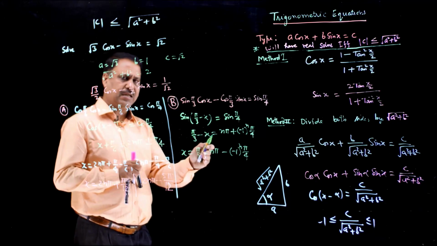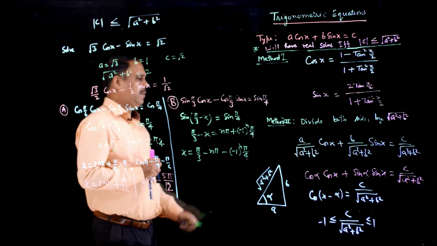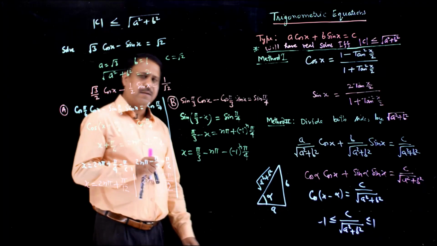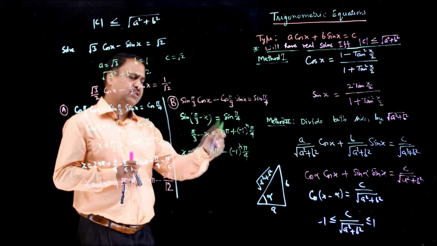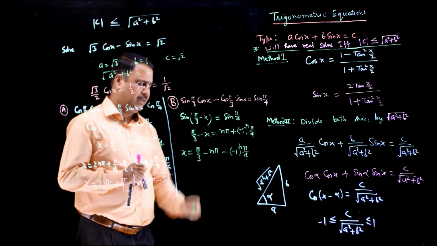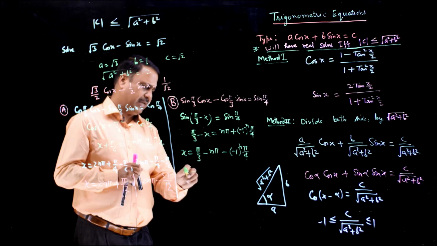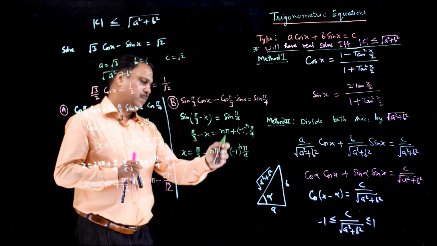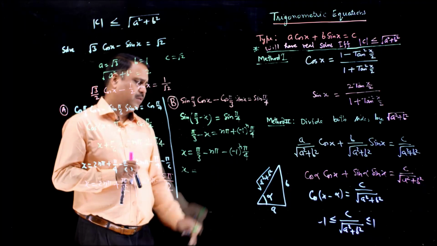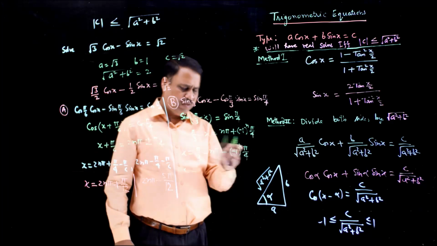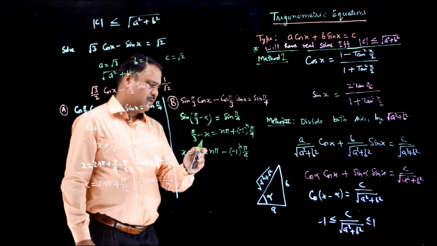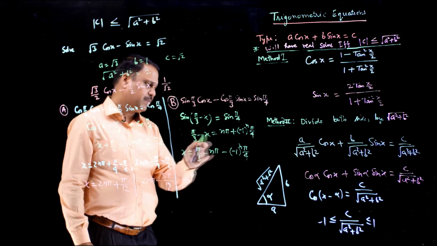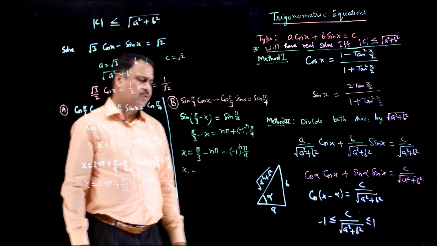As n is an integer, writing minus n or plus n doesn't matter, because we will be taking n as 0, plus minus 1, plus minus 2, everything. So the same thing can be written with minus 1 raised to power n in this form. You can convert all this in minus, so pi you can take outside and minus n you can take, because n is an integer.